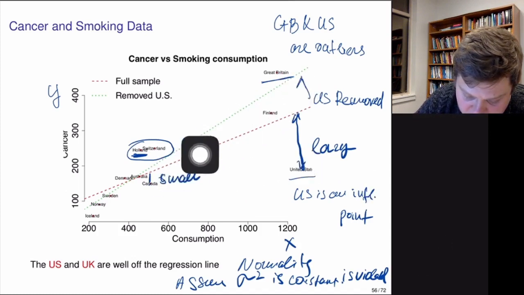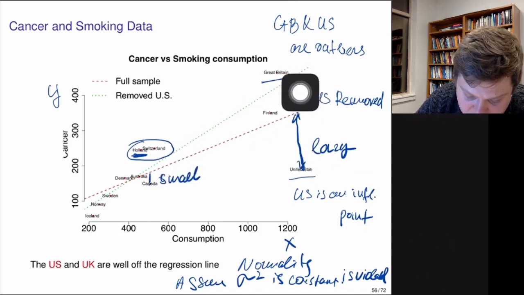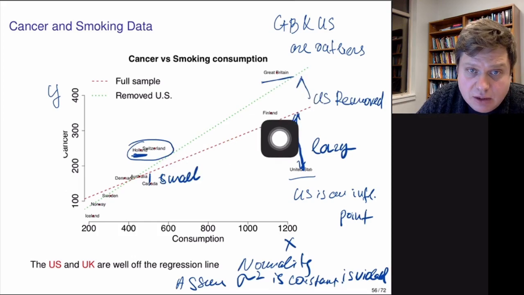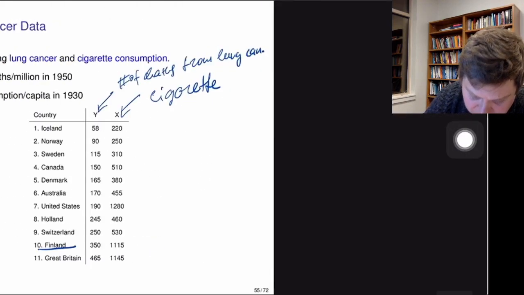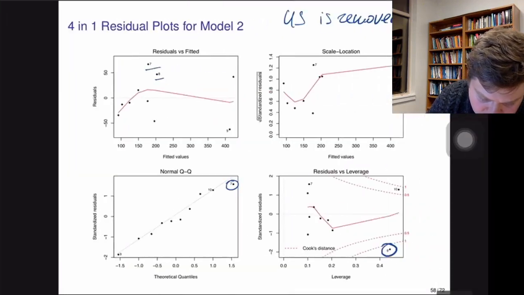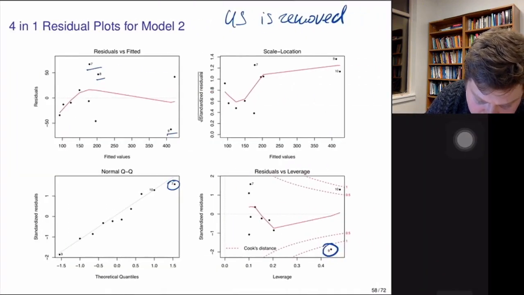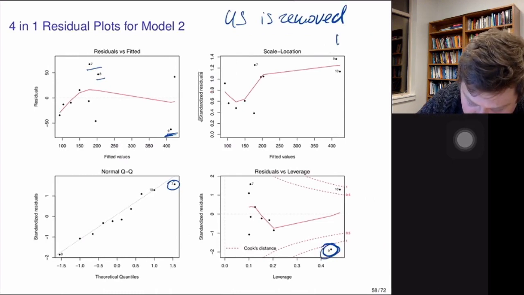When the US is removed, that becomes the regression line, and with respect to this new regression line, Finland becomes an outlier, actually an influential point. And Finland is observation number 9. So let's look at observation number 9. Yes, indeed, it is an outlier, and it is an influential point. So number 9, which is Finland, now became an outlier and an influential point.